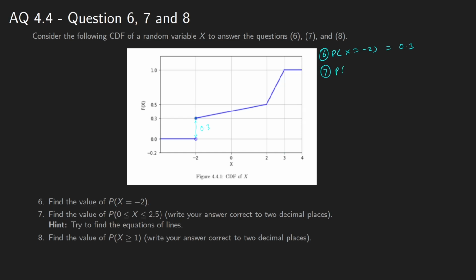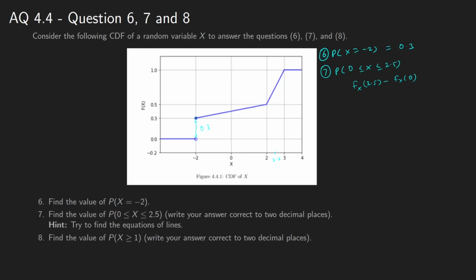For that, we need to find the CDF at 2.5 and subtract the CDF at 0.